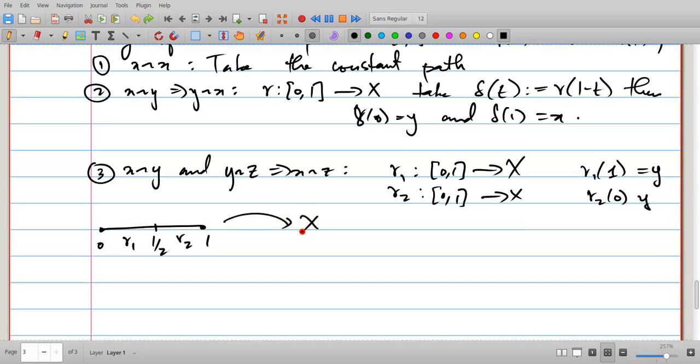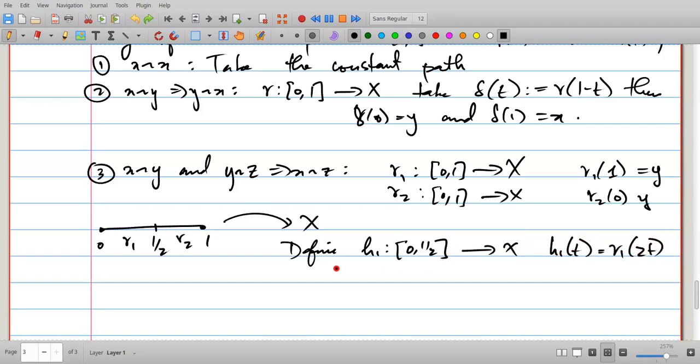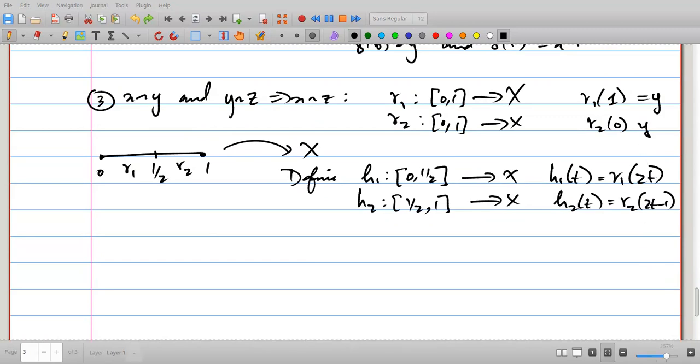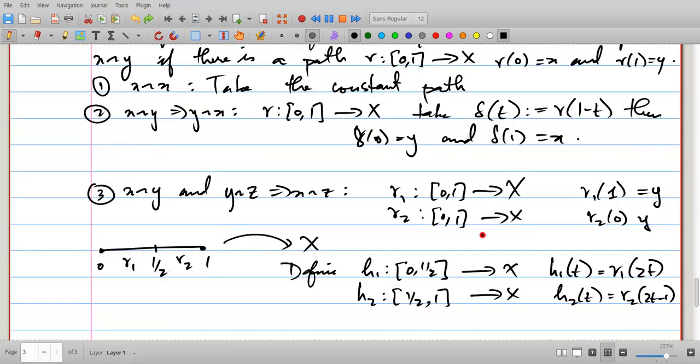So we define h1 to X by h1 of t is equal to gamma 1 of 2t, and h2 of t is equal to gamma 2 of 2t minus 1. So this is A and this is B.